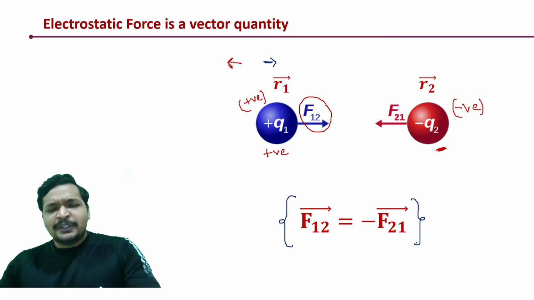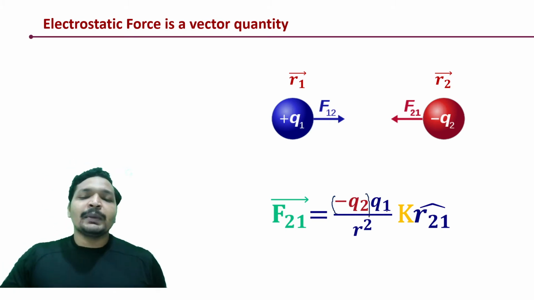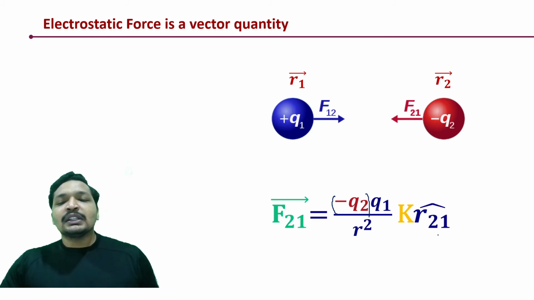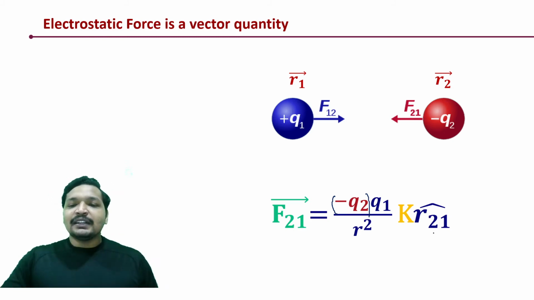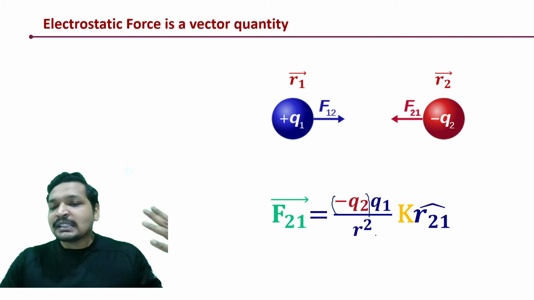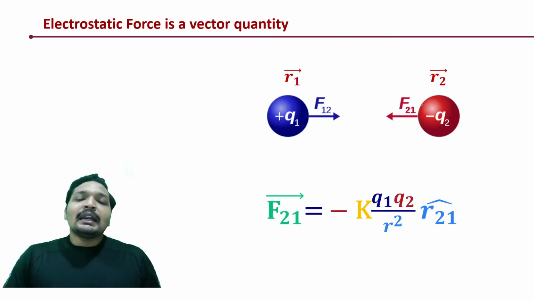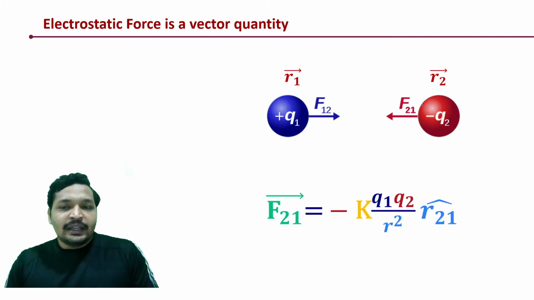Okay, just substitute the sign, right? For example, let's say q2 is a positive thing, so minus q2 would become a negative thing. So once I'm doing this, what is happening? I'm exactly reversing that r21 cap direction. Rest is the same. And this is how your final expression looks.